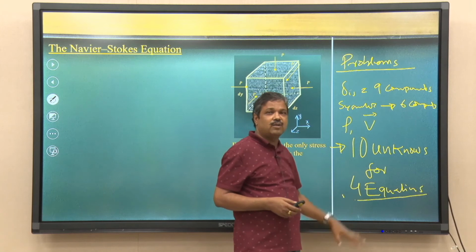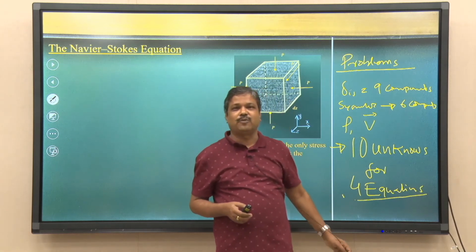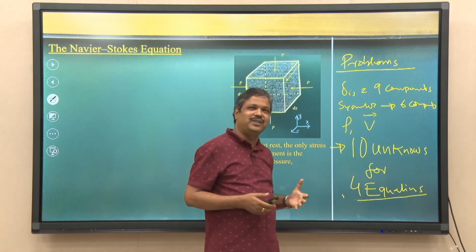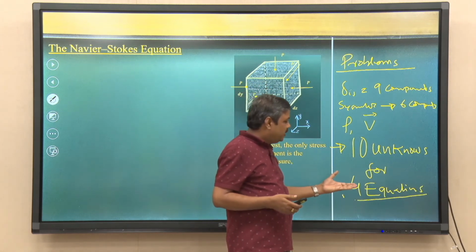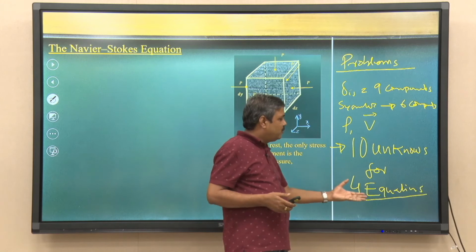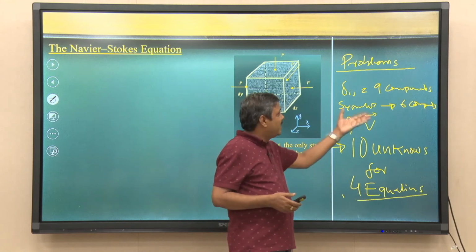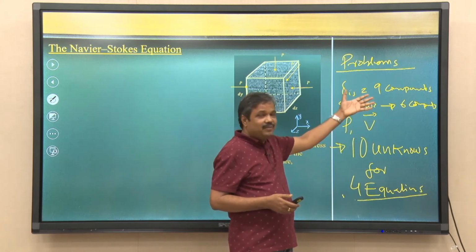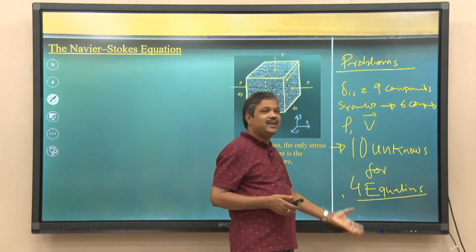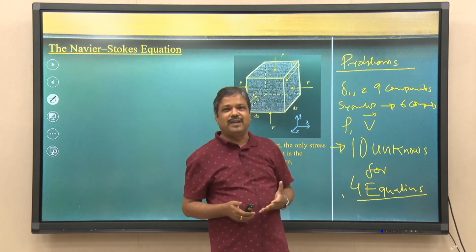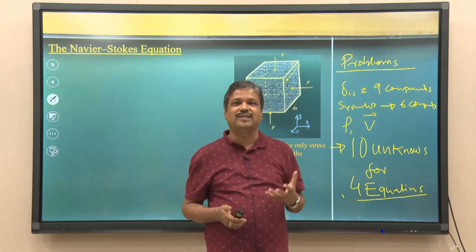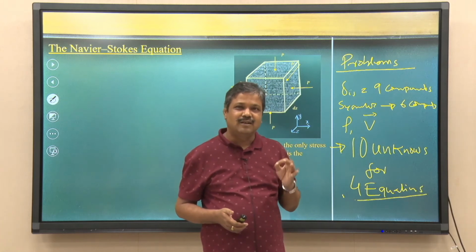So, the basic idea comes from the Navier-Stokes equations, which took almost 40 to 50 years of work to reduce these equations from 10 dependent variables. The 10 dependent variables can be reduced from 10 to 4, so that we can solve it with certain assumptions.